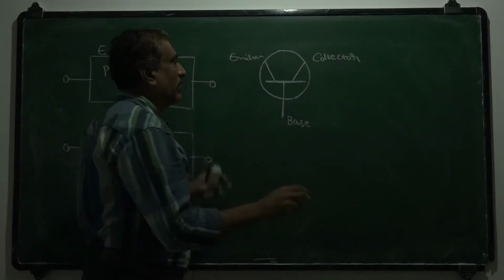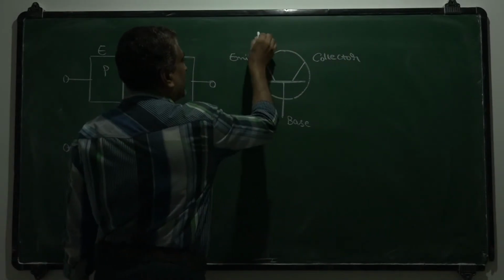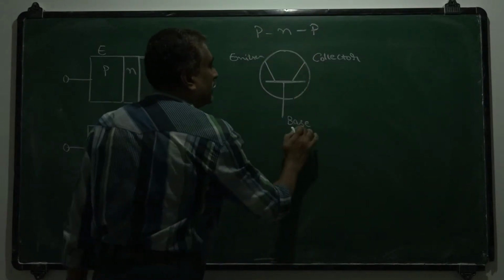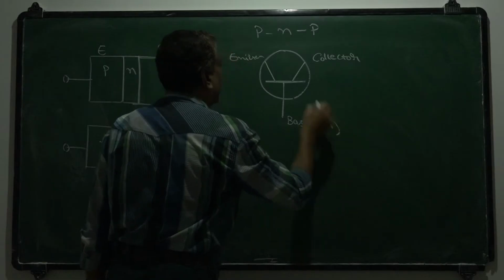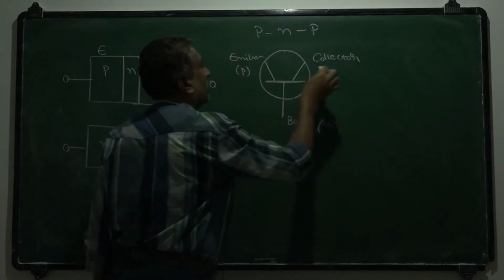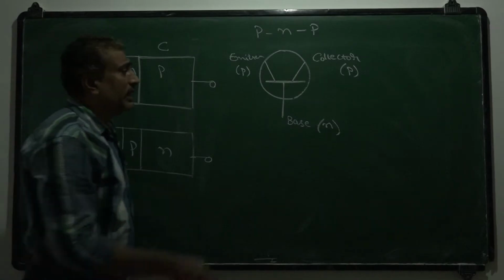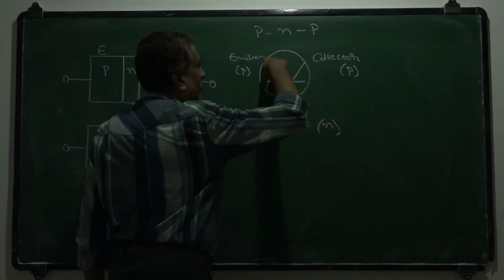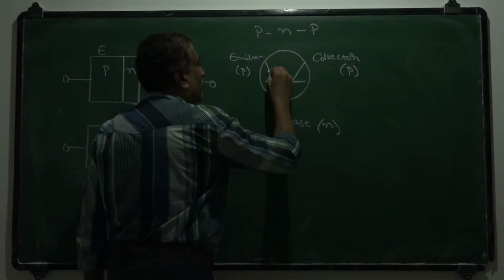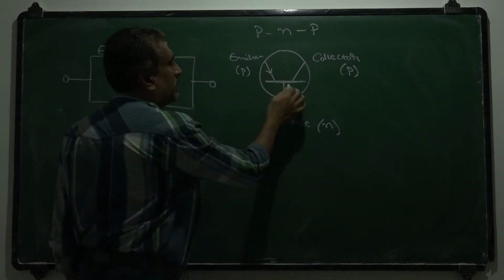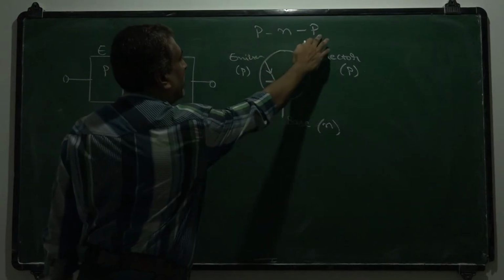Okay. Now, if the transistor is PNP, that means the base is N type, emitter is P type and collector is P type. In this one, you have to give an arrow from P to N like this. So this represents the PNP transistor.